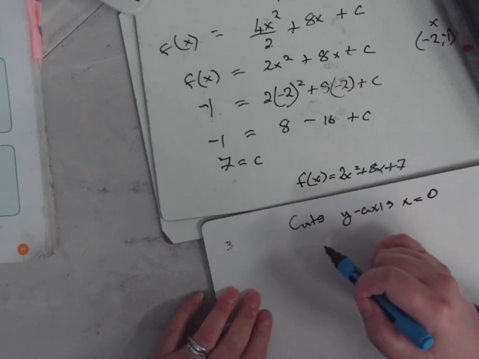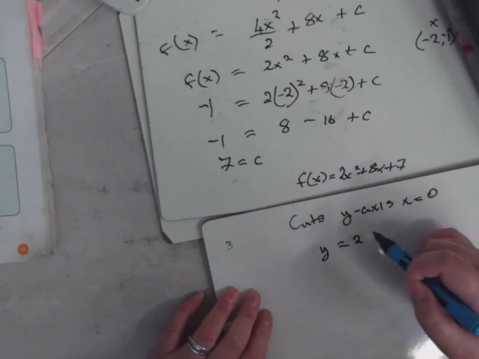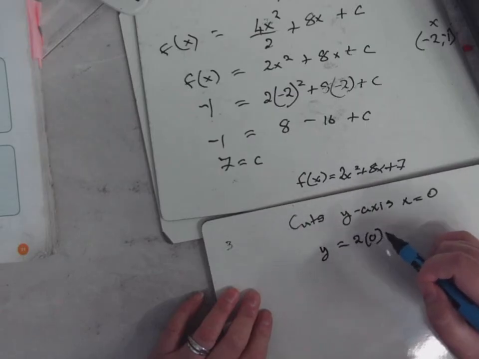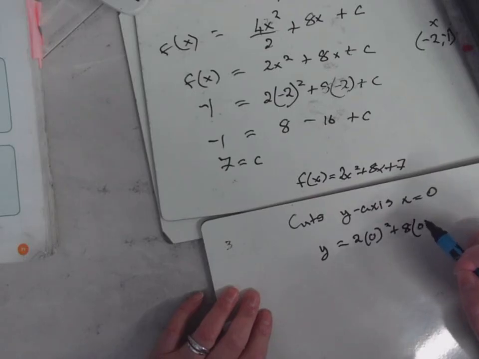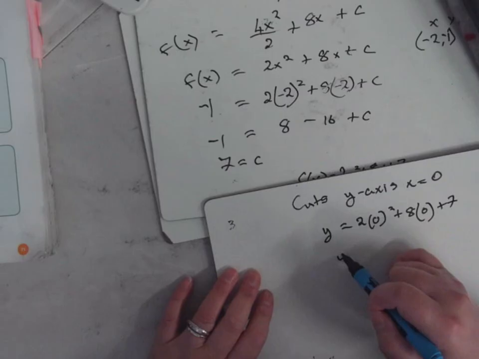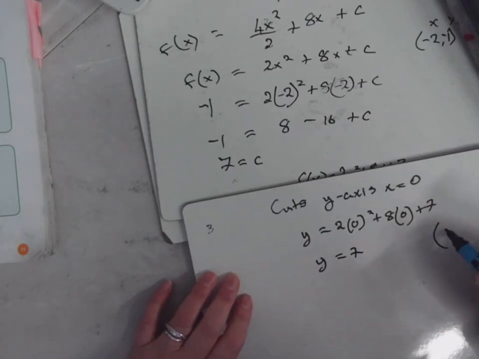So y is equal to 2 times 0 squared plus 8 times 0 plus 7. So y is equal to 7. So the answer is the point 0, 7.